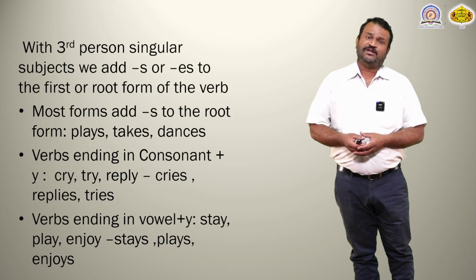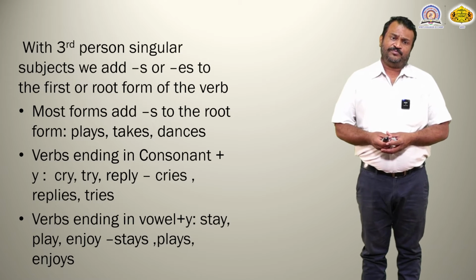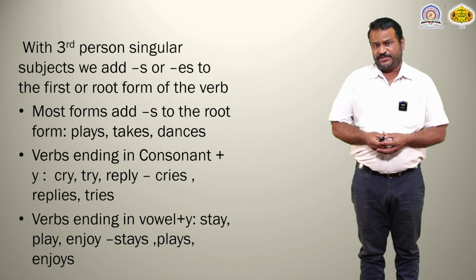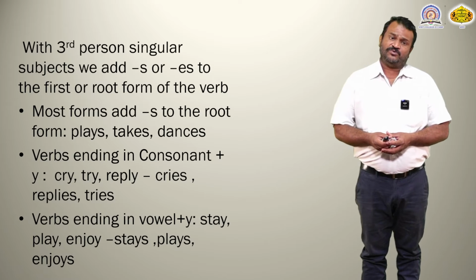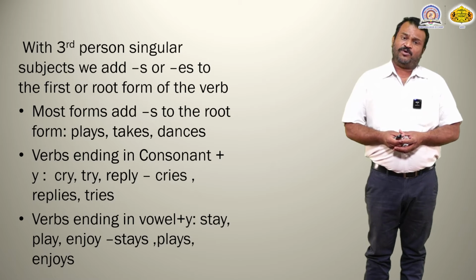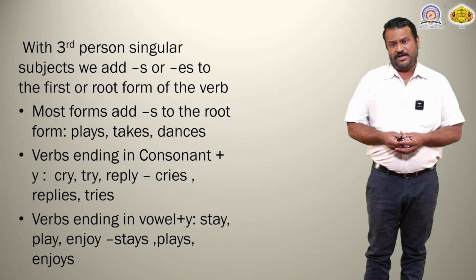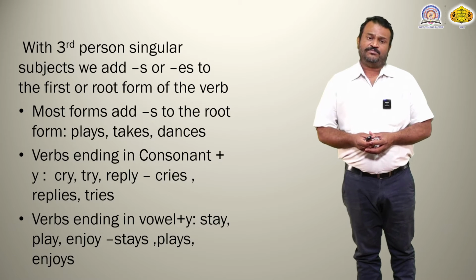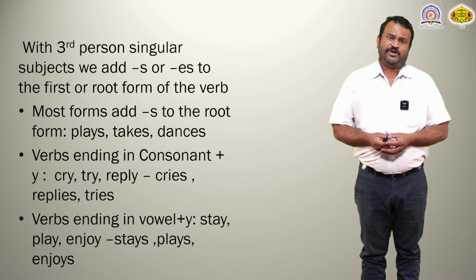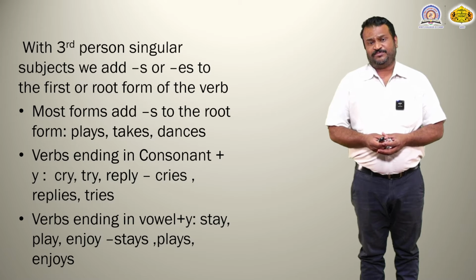Now there is also a simple rule. With third person or singular subjects, we add s or es to the first or root form of the verb. Most forms add s to the root form. For example, plays, takes, dances.